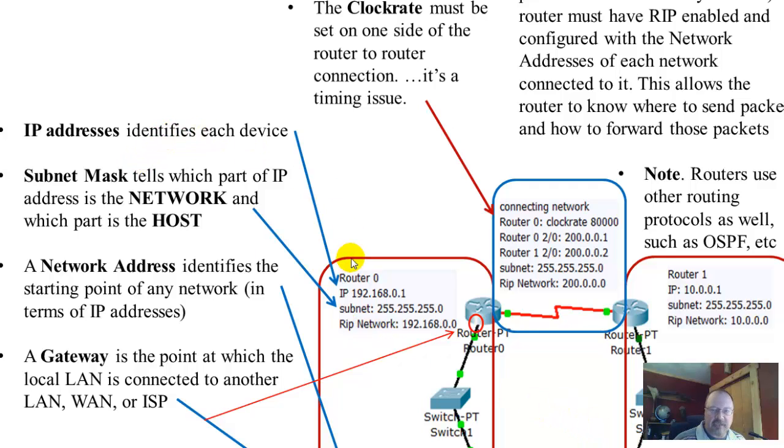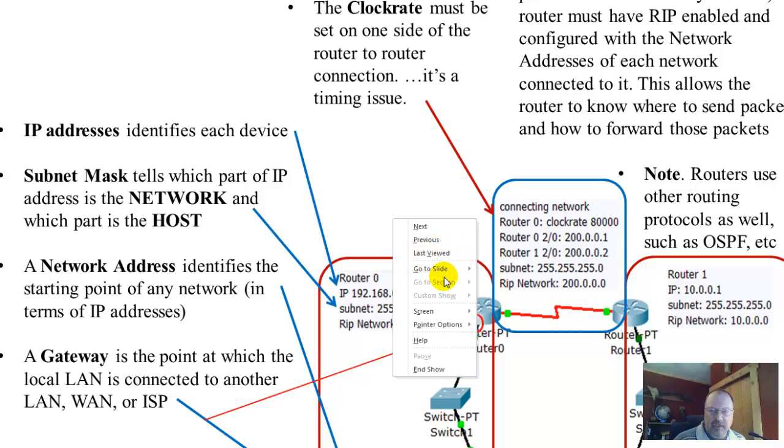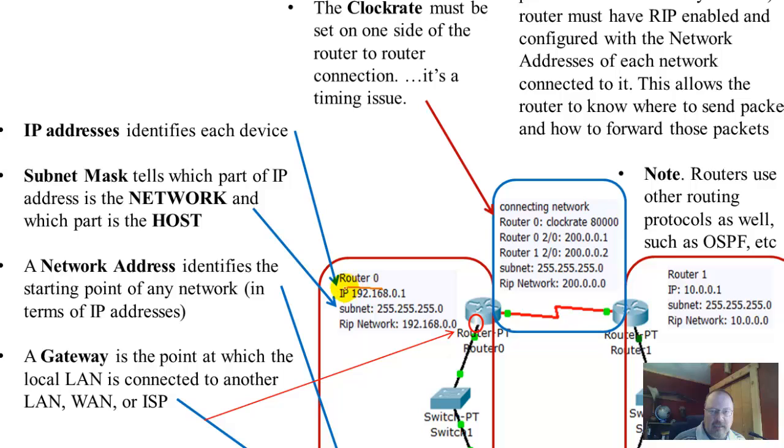So an IP address, remember, an IP address specifically identifies each device on your network. Now, a subnet mask tells the computer which part is the network and which part of an address is a host.